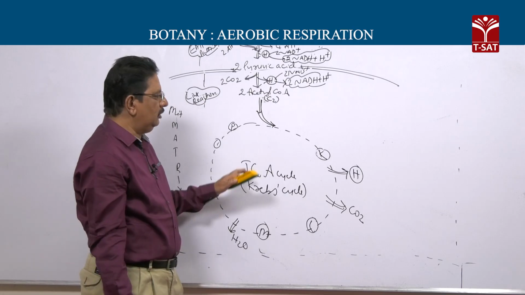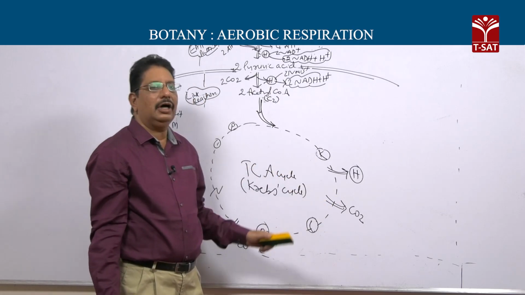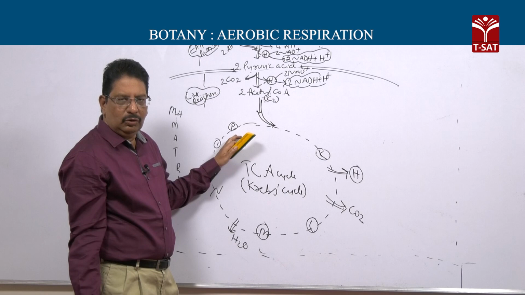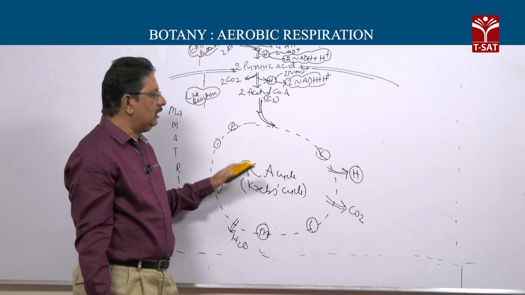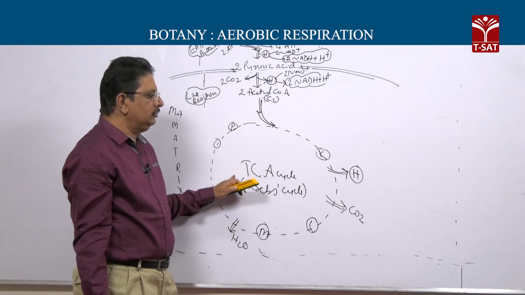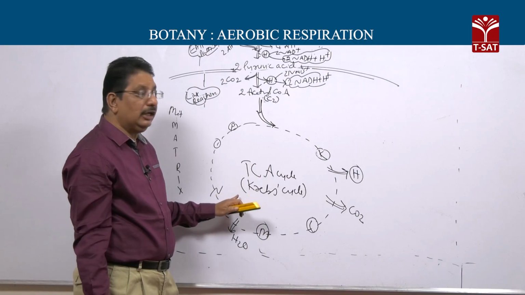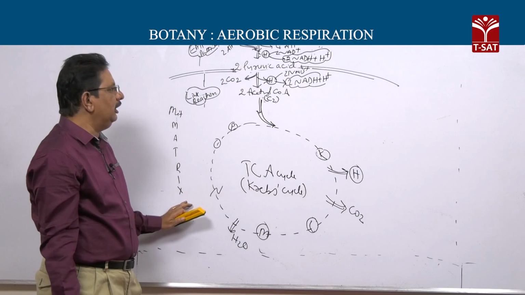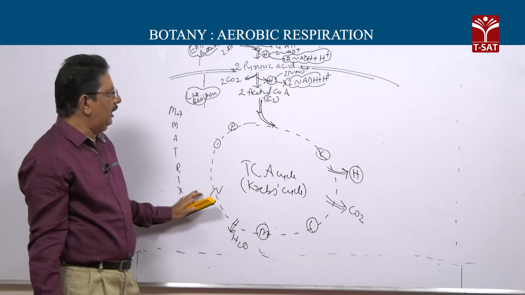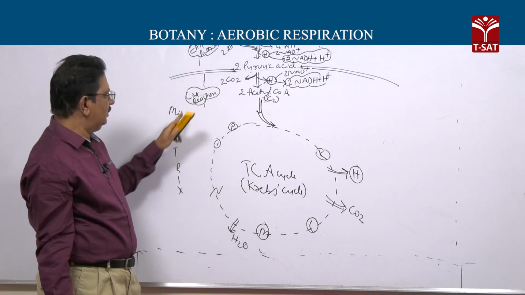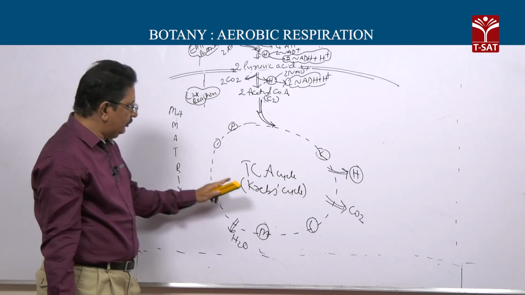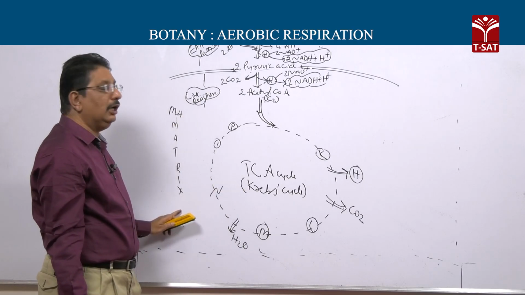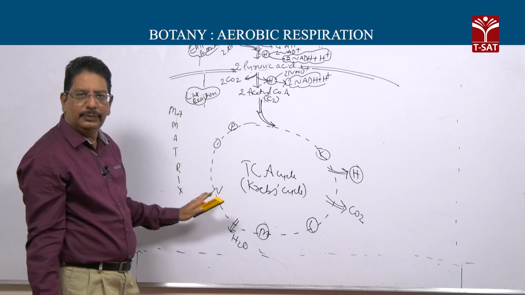So, complete oxidation and decarboxylation of acetyl coenzyme A in a cyclic manner is called the TCA cycle or Krebs cycle. It also occurs in the mitochondrial matrix. So, the link reaction and Krebs cycle both occur in the mitochondrial matrix.